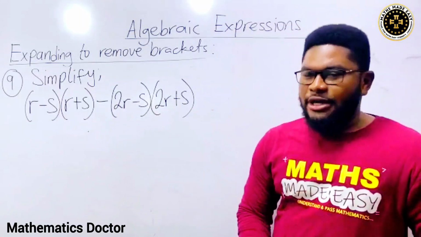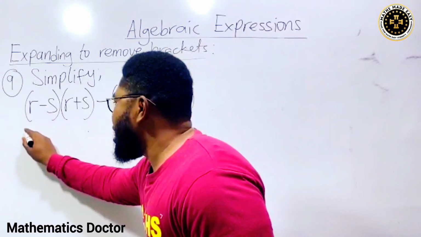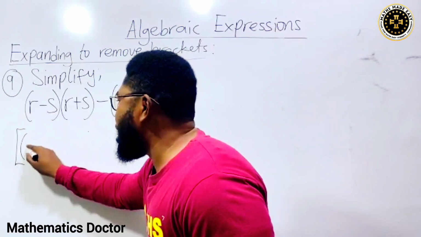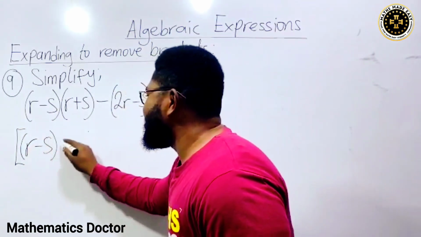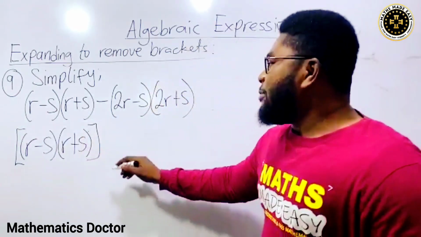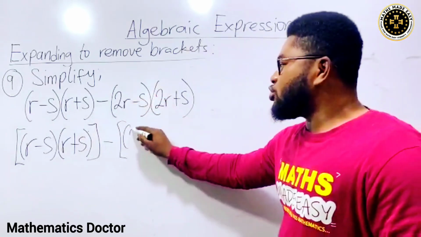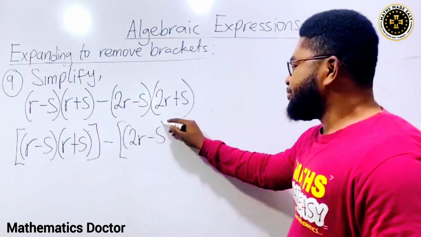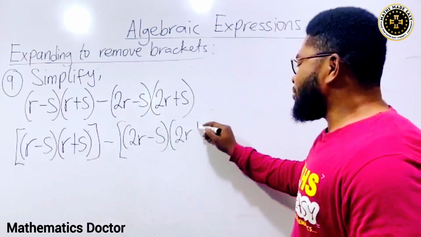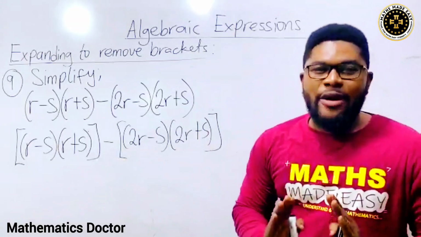Now this is what I mean. First of all, let's expand. So we will maintain r minus s and r plus s. Then separating it from the minus sign, we will also shield 2r minus s, 2r plus s. Why? So that the negative sign will not affect our expansion.